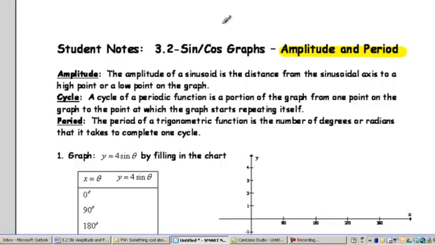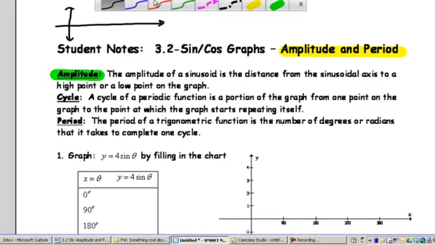Okay, starting off, we are talking about amplitude first. The amplitude of a sinusoid is the distance from the sinusoidal axis to the high point or low point on the graph. So when we were doing spaghetti trig today, I'm just going to use cosine as the example.